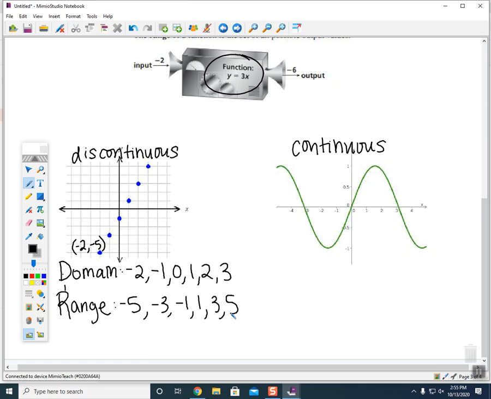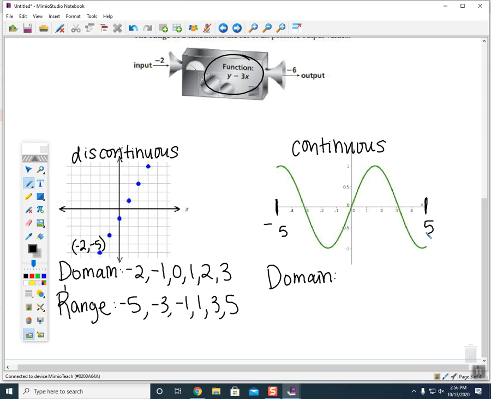Okay, so then our continuous graph over here is going to look a little different. So we're going to look for our domain. It doesn't really show up well here, but this is -5 over here. This is +5 over here. My domain are all of my possible x values. My domain is across the x-axis, or the horizontal part of my axis.